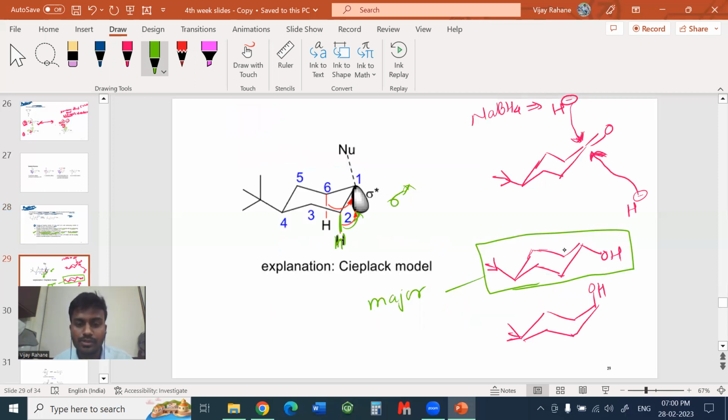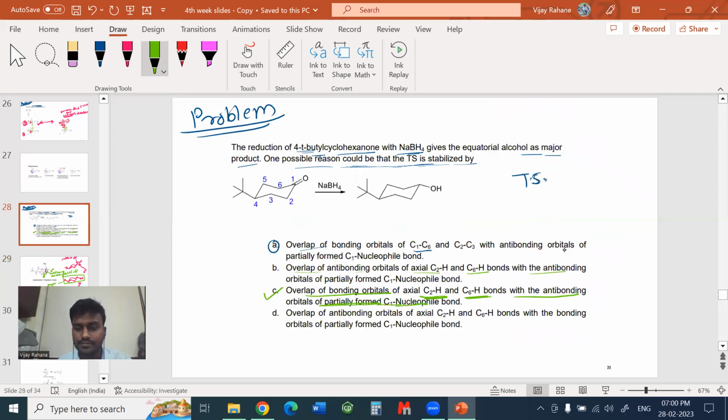This one is the partially forming antibonding orbital, right, of the nucleophile. So they stabilize. They overlap with the bonding orbital of the axial C2 hydrogen and C6 hydrogen.